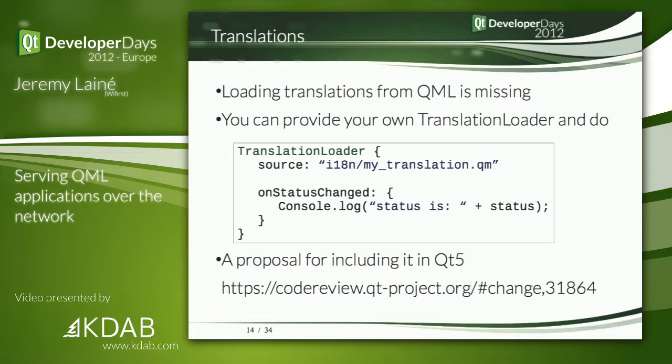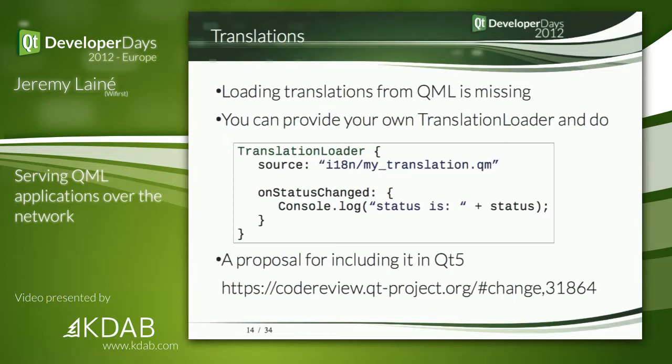The problem is that currently in QtQuick, you will need to provide this translation file and load it from your C++ code, which breaks the logic I was talking about of having all your UI logic and related files on the network. But it's really not that hard to write your own translation loader to be able to load and install arbitrary translations from QML.